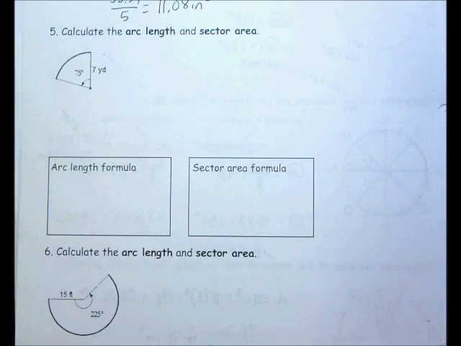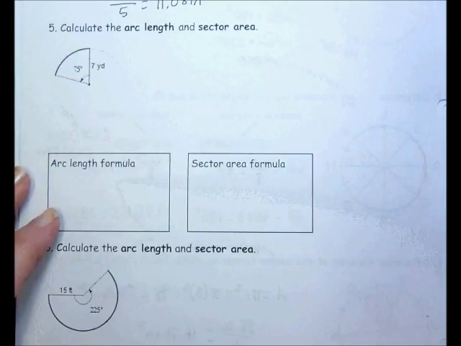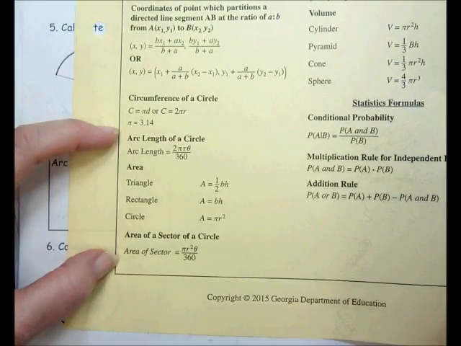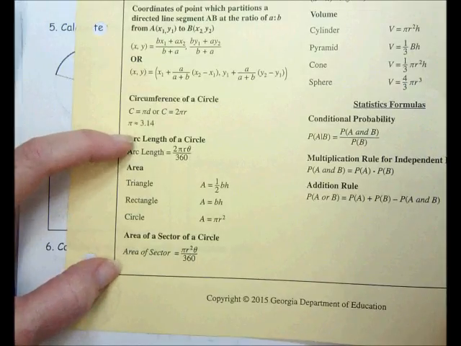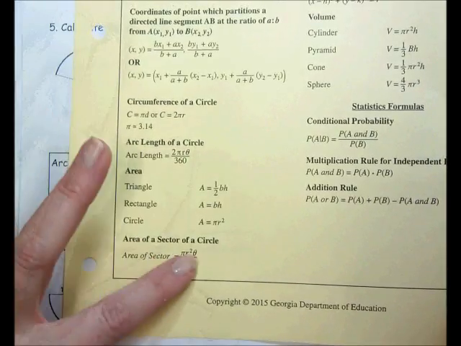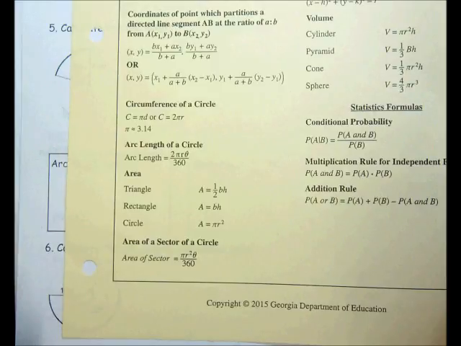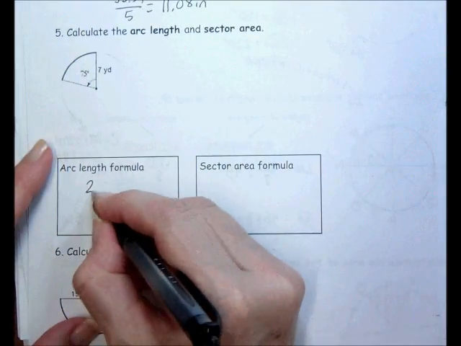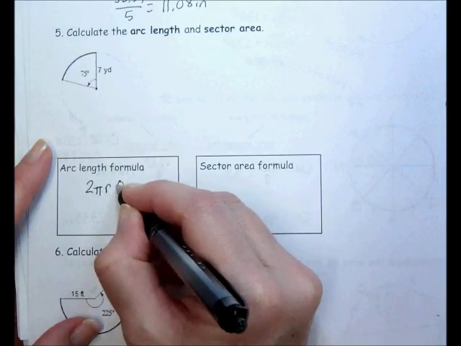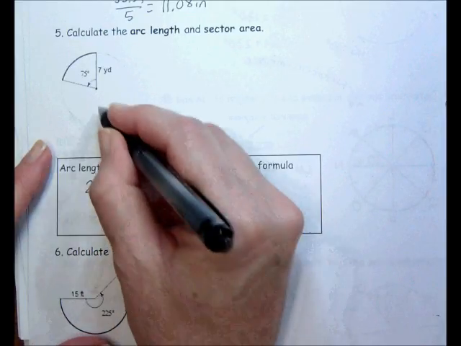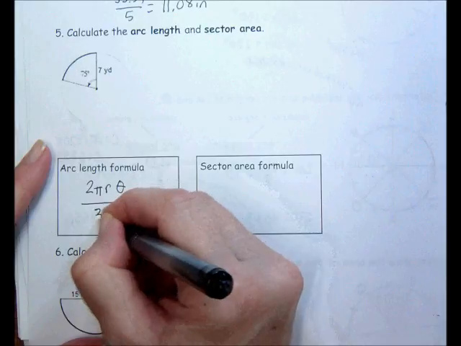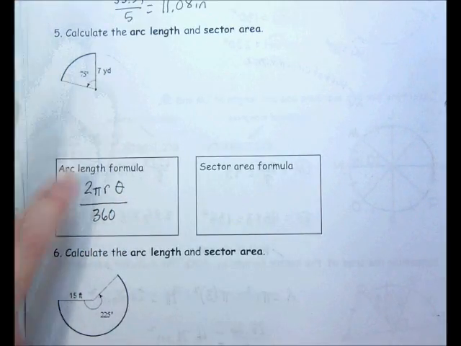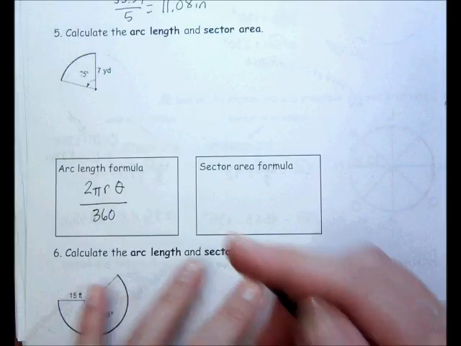the sector area. And there's a formula for this, and it is found on your geometry formula sheet that you have, in the first column, about two-thirds of the way down: arc length of a circle, and then at the bottom, area of a sector of a circle. So let's write those formulas in here. Arc length is 2 pi r theta, and theta is the angle measure I'm given, divided by 360, because 360 is my whole and 75 degrees is going to be the part of the whole I'm talking about.